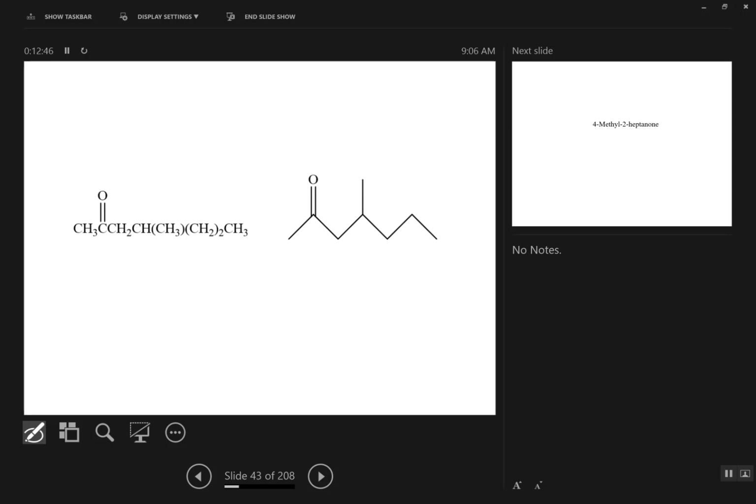Oh, I'm sorry. You put al. It's not an al. It's not an aldehyde. Good. Now this would be an aldehyde if this was an H, but it's not. That's not an H. That's a carbon. That's a CH3. Okay?